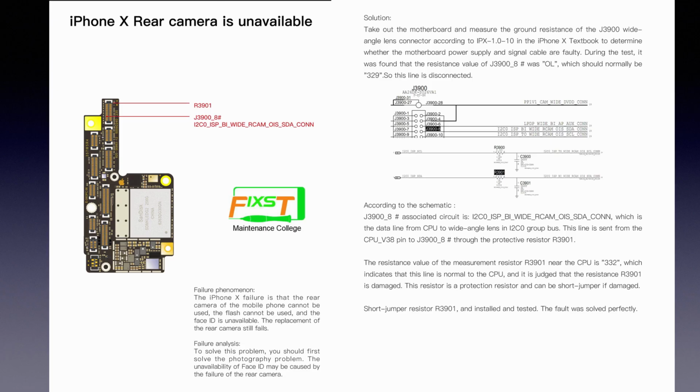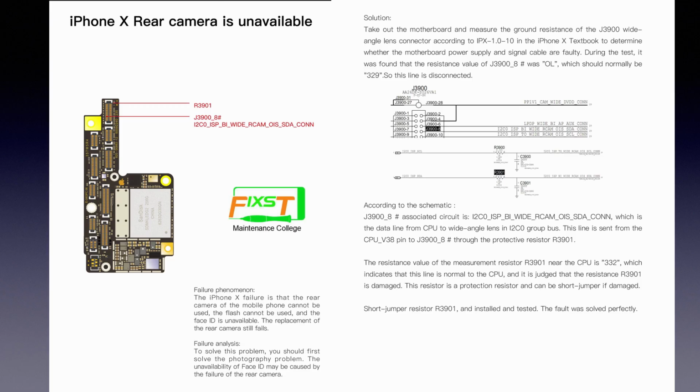After that, we need to take out the motherboard and test the resistance of J3900, the wide angle lens connector. After our testing, we find out the resistance of the J3900 8 pin is OL, which normally should be 329. So this line is disconnected.